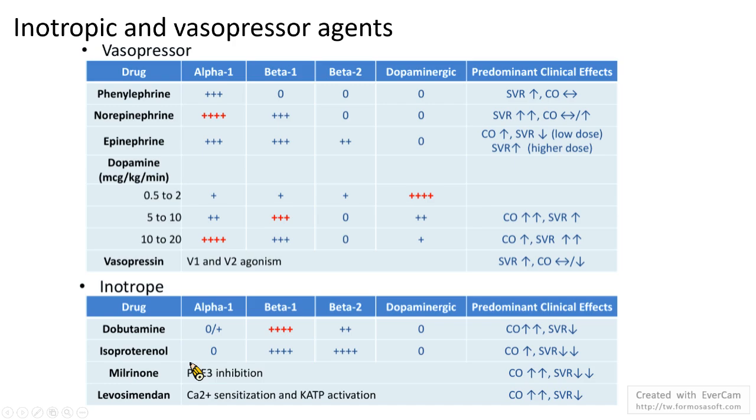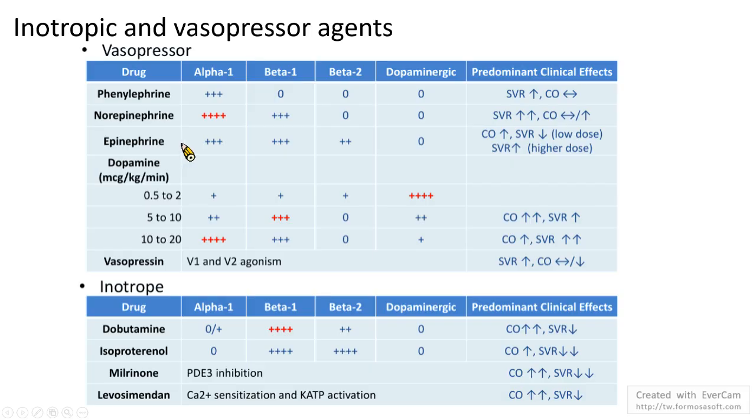And the common inotropes and vasopressor agents are listed here. This table summarizes the activity and the clinical effects of our main agents. First of all, in the series of pressors, phenylephrine is a pure alpha-1 agonist, which provides a strong SVR increase with no change in the CO. Then norepinephrine and epinephrine both belong to the category of catecholamines.